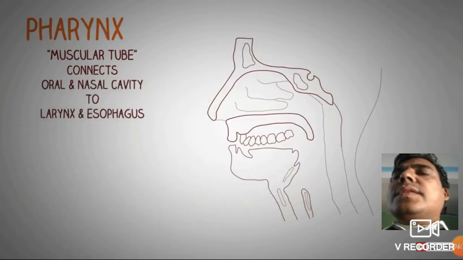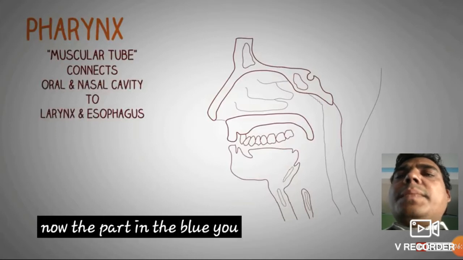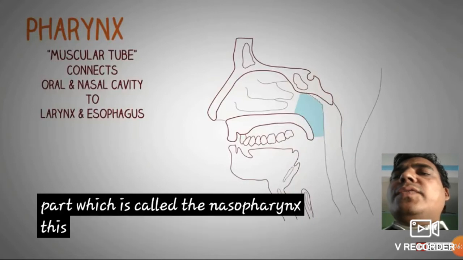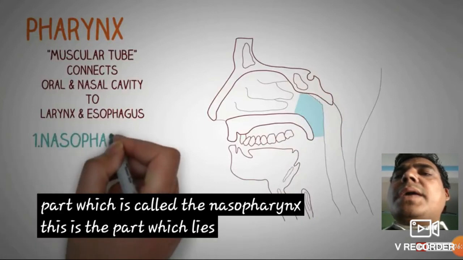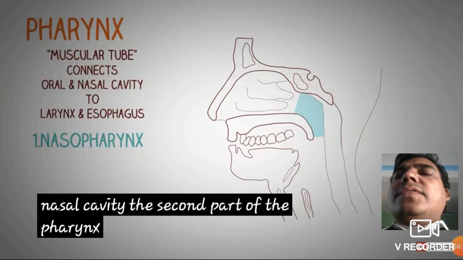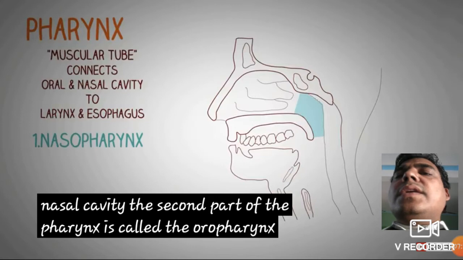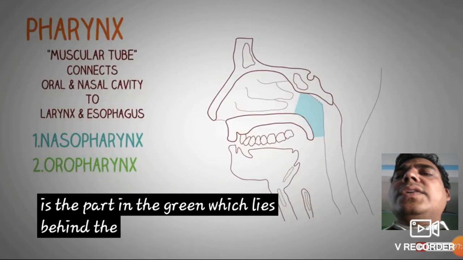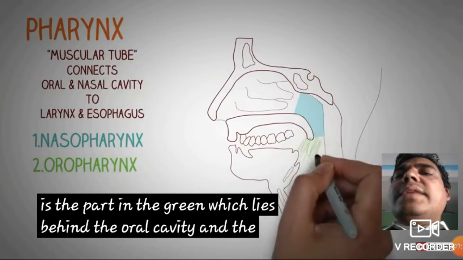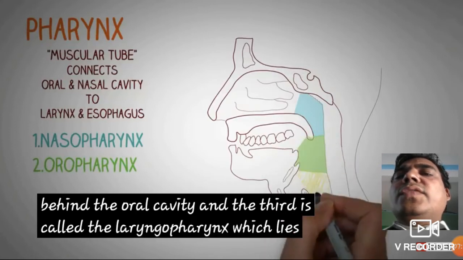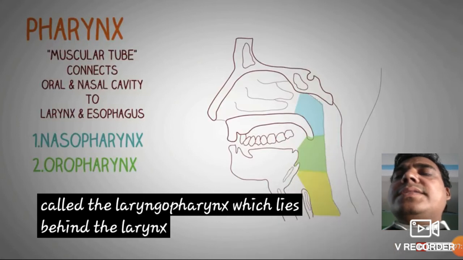Students, now the part in the blue you see is called the nasopharynx. This is the part which lies behind the nasal cavity. The second part of the pharynx is called the oropharynx, which is the part in the green which lies behind the oral cavity, and the third is called the laryngopharynx, which lies behind the larynx.